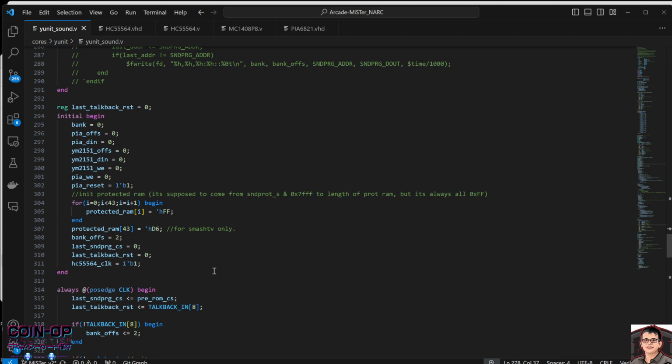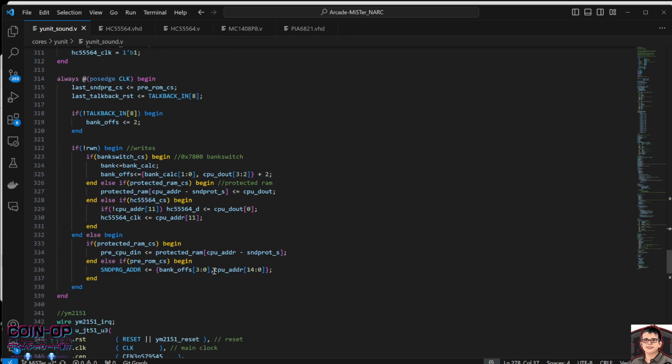Now we get to the other part, which is the actual talkback stuff, and the rest of the address bus implementation. These are special cases. There's banking in the ROM.